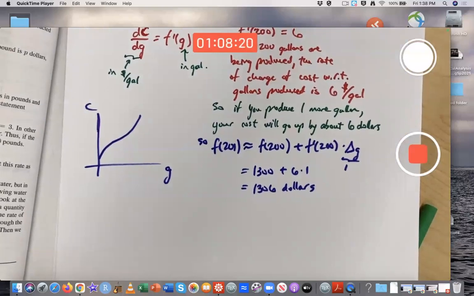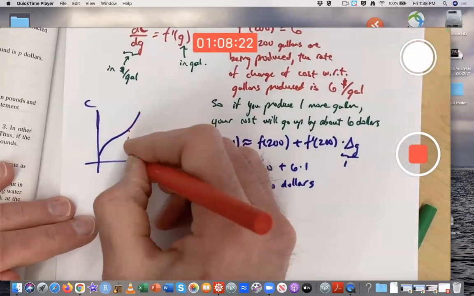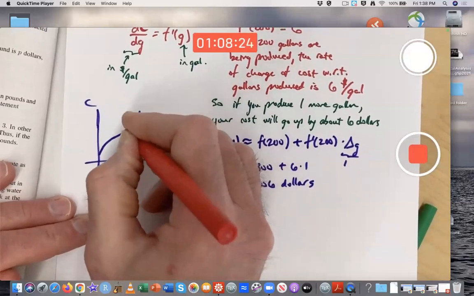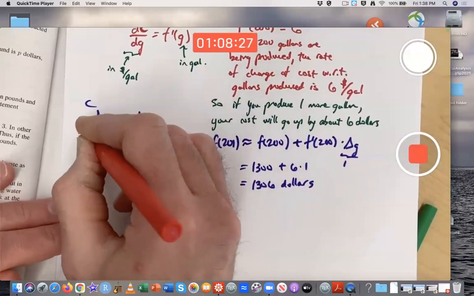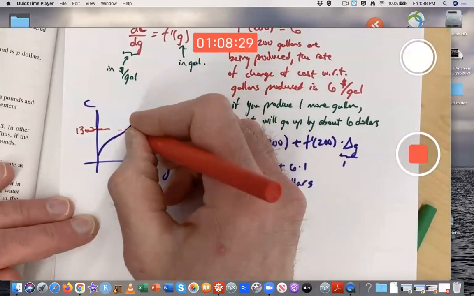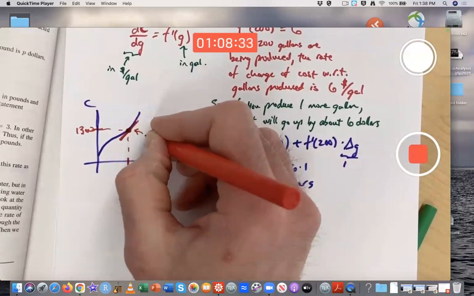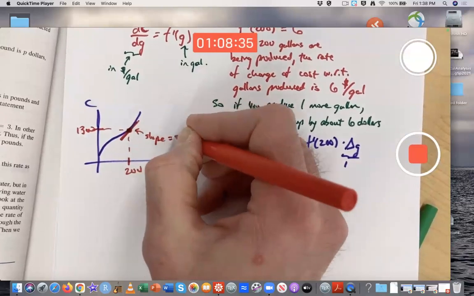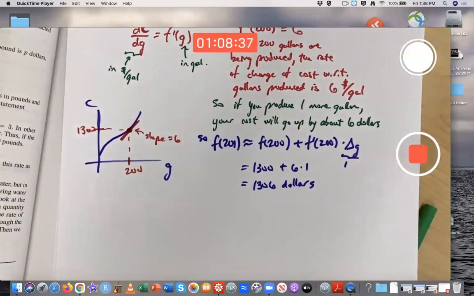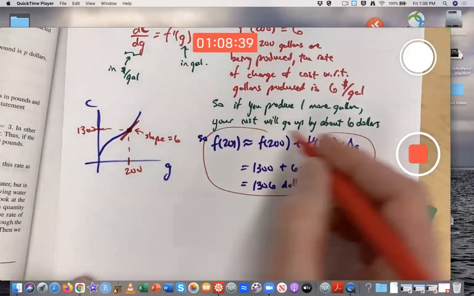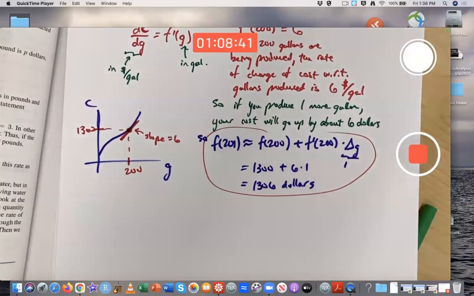And if we pretend 200 is right there, and we pretend this is 1,300, the derivative being 6 means the slope of the tangent line there is 6. And in doing this approximation, we've approximated the change in the purple graph by a change in the red graph, just like we talked about with the physics examples.